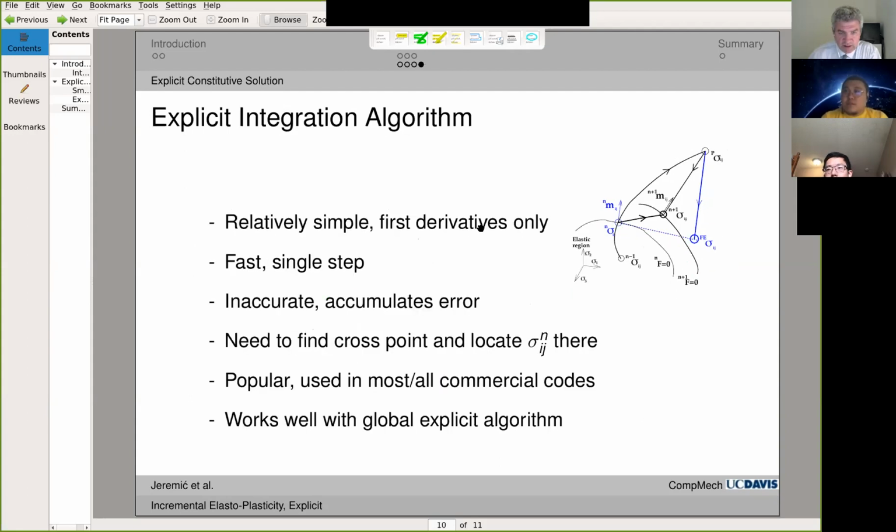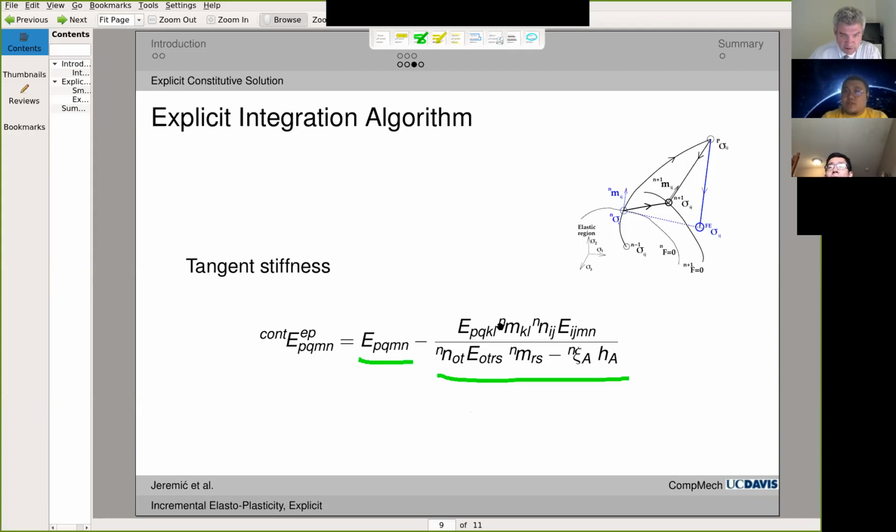So with that, we'll just make a few comments about the explicit algorithm. It's relatively simple. You only require first derivatives. If you go back and look here, this M is the flow direction that's defined by the definition of a model. N is the first derivative of yield function with respect to stress.